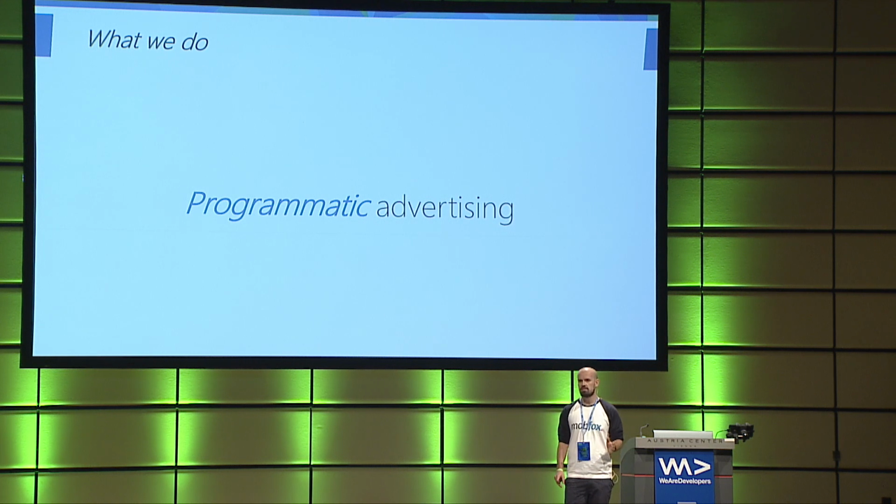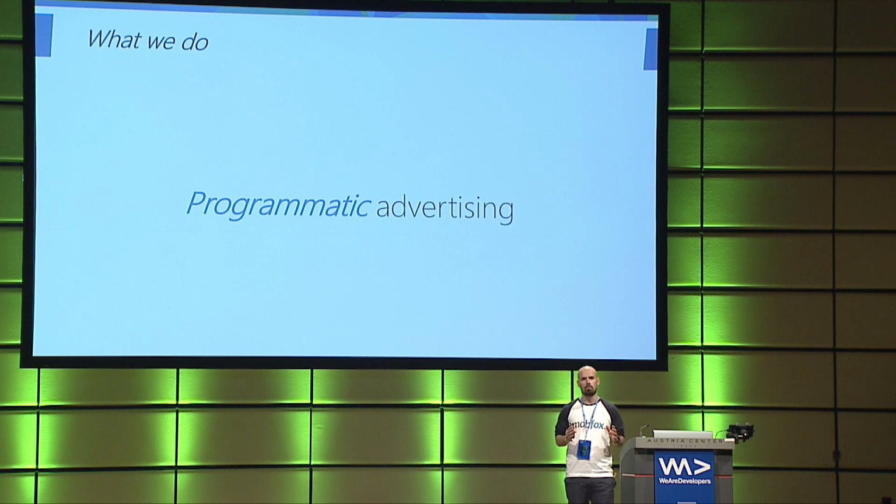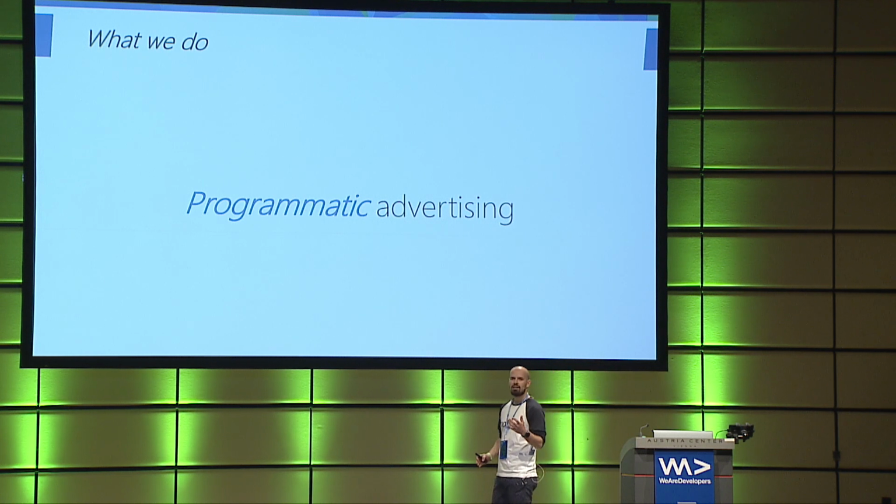So we are in this business called programmatic advertising. What does programmatic advertising mean? It simply means that ads are not sold by humans anymore, they are sold by machines. So if you imagine you have a mobile app, and this mobile app would like to show an ad.